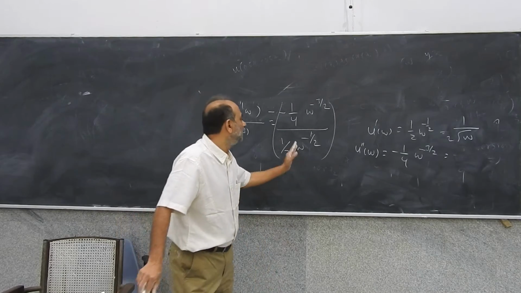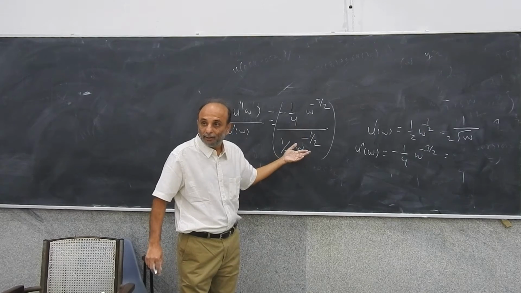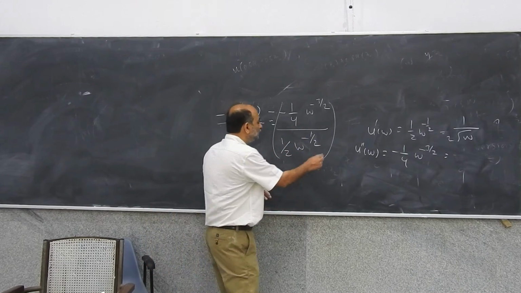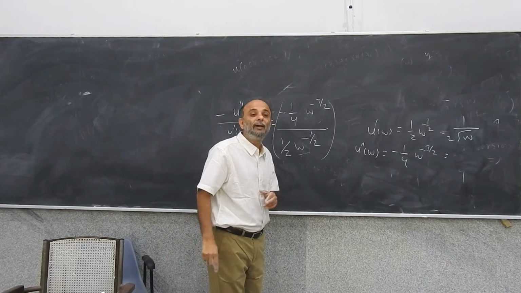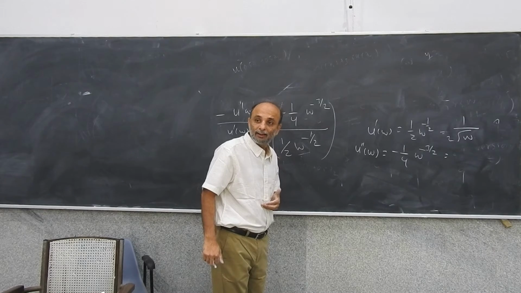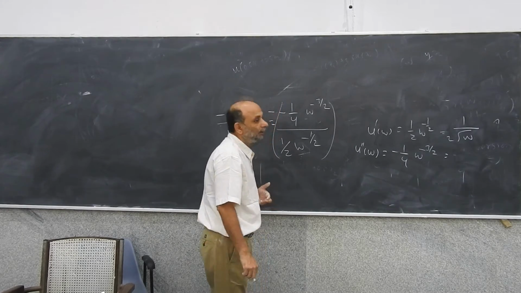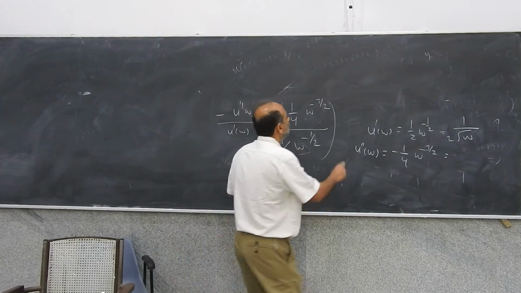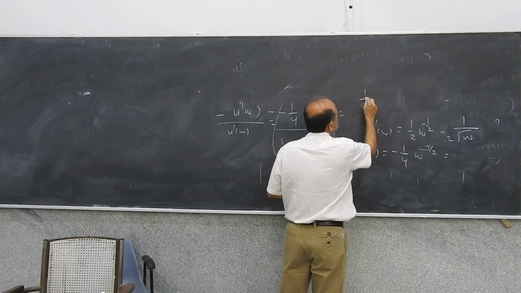If you divide this by W raised to minus half, dividing by W raised to minus half is the same as multiplying by? Yeah. So this answer will be 1 by 8.